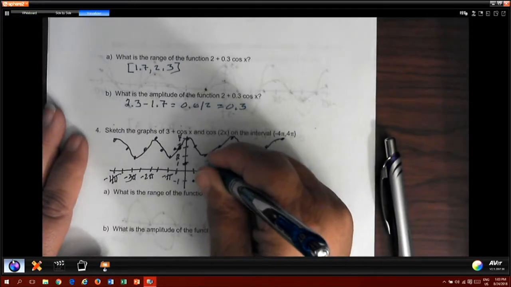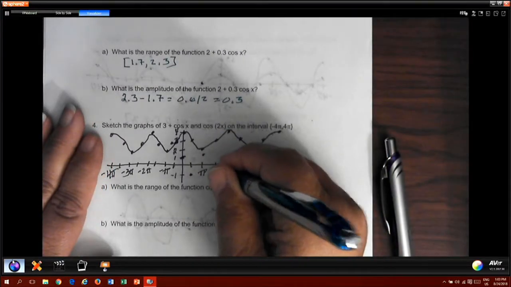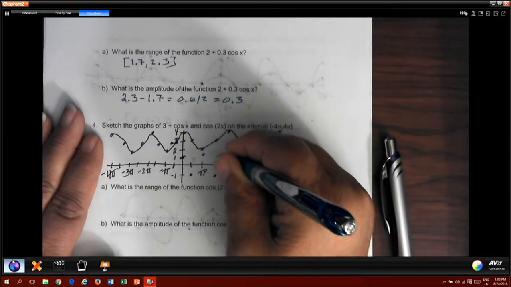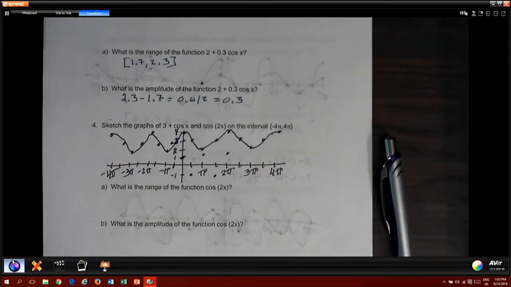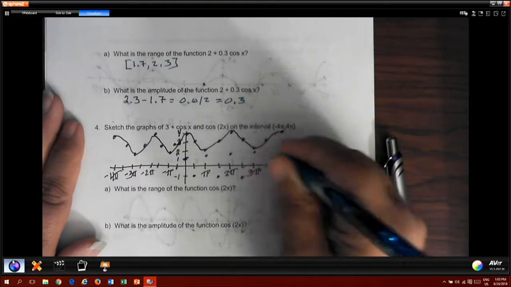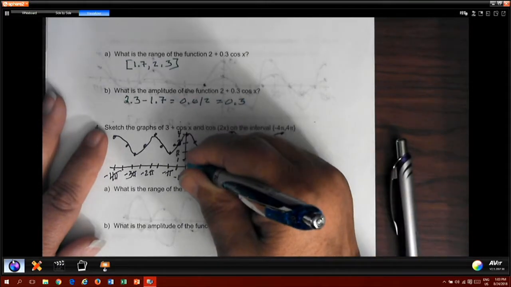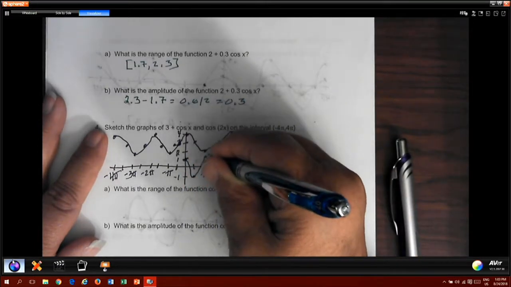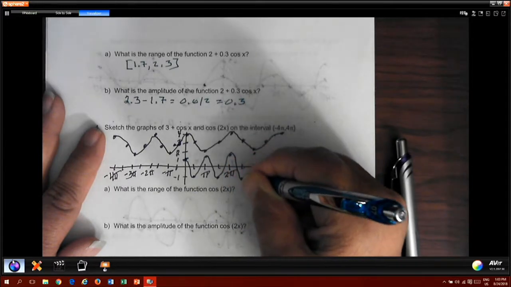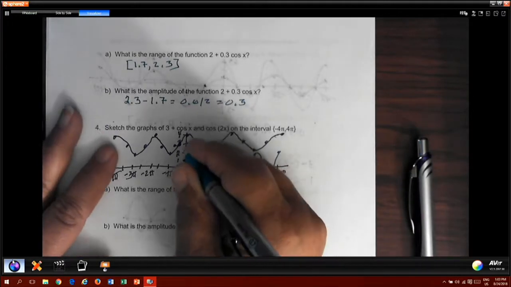Cosine of pi is the same thing as it is at 2 pi. Cosine of 3 pi over 2 is the same as 3 pi. Cosine of 2 pi is the same as 4 pi. We have something like this.